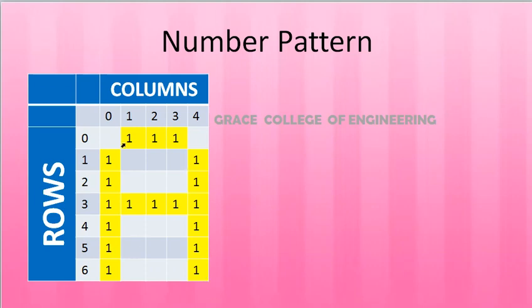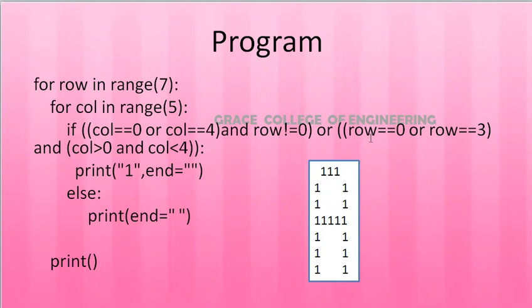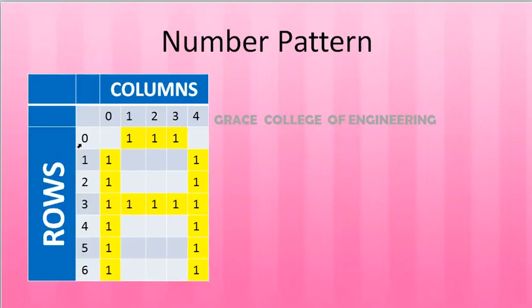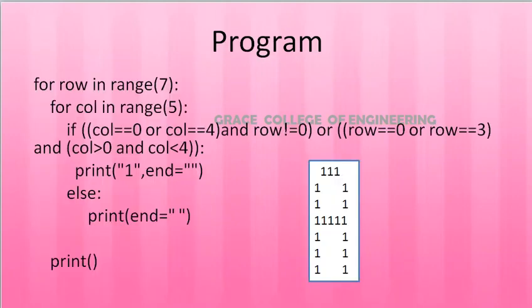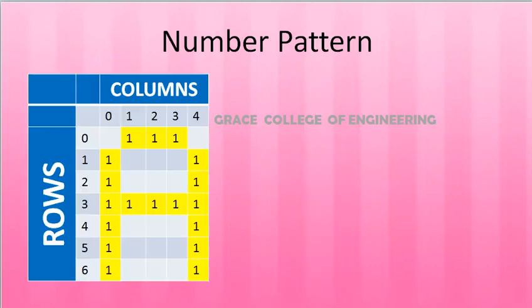Next, where else I want to print 1: here these 3 ones and these 3 ones. For this I want to write the condition. The row must be equal to 0 or row must be equal to 3, in this 0th row and 3rd row. Right, that I mentioned in the program. And column must be greater than 0.